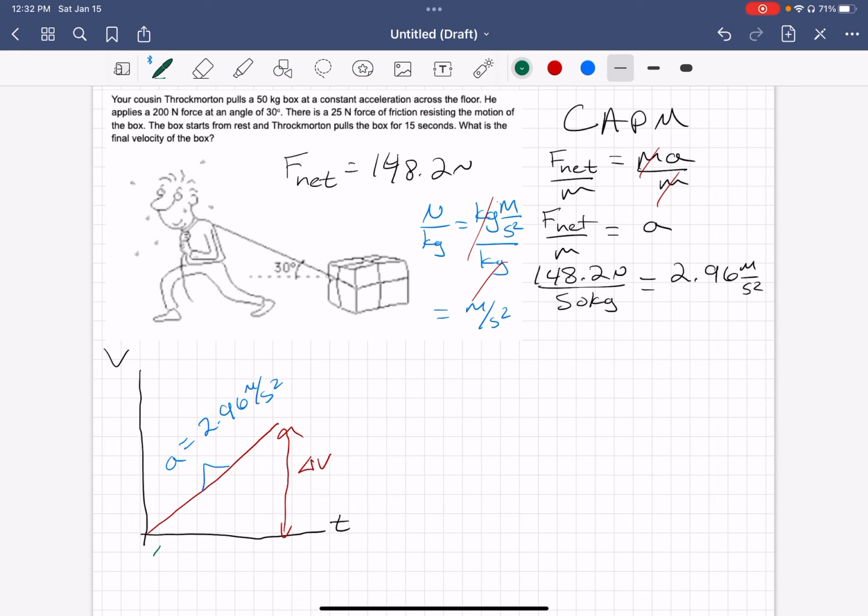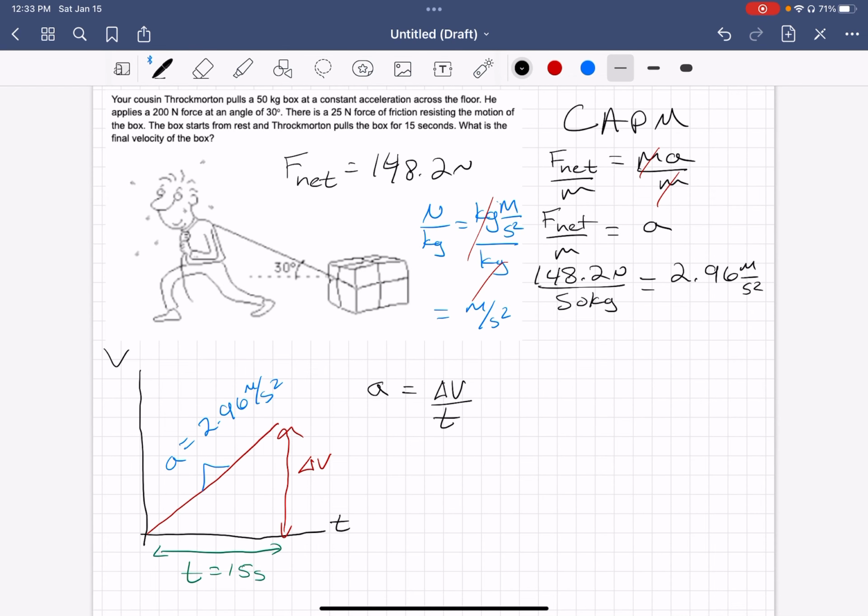And then my run, how far across the bottom, is my time, which is 15 seconds. So now I can set up an equation based on the slope of this graph. I know that slope is rise over run. But on this graph, the slope represents the acceleration, the rise represents the change in velocity, and the run represents the amount of time.